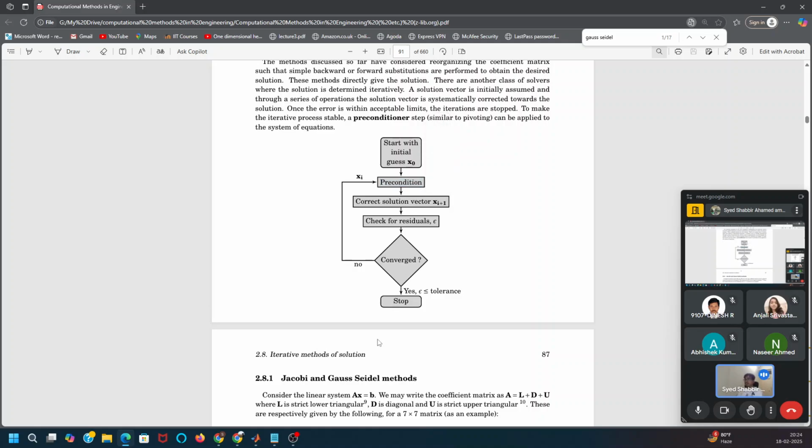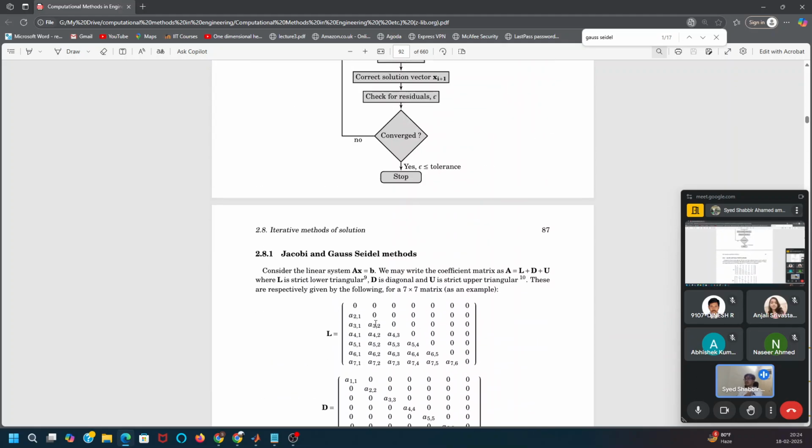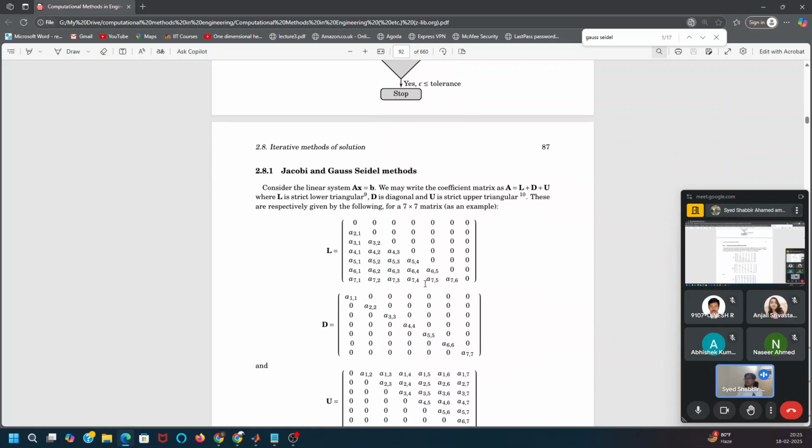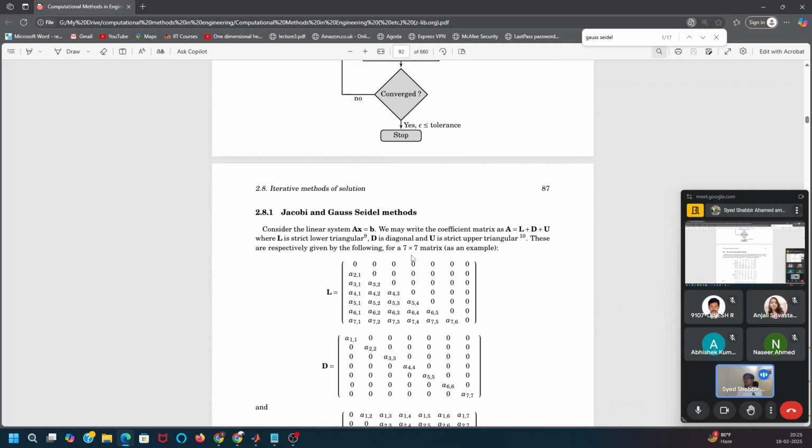That's where a lot of different techniques are there. Like you can do this L plus D plus U. You can read about it. I'll share the book. L is the lower triangular, D is a diagonal matrix, and U is an upper triangular matrix.